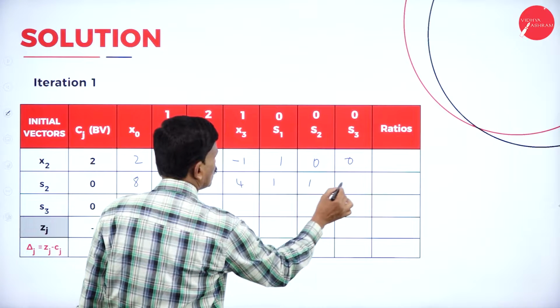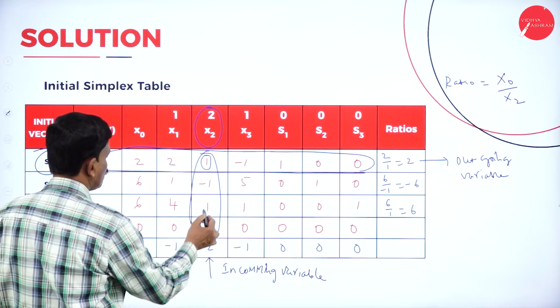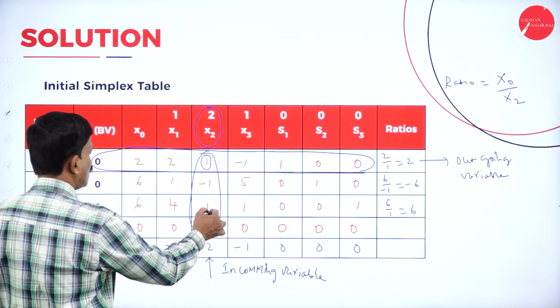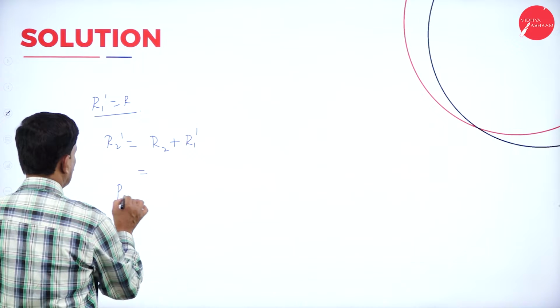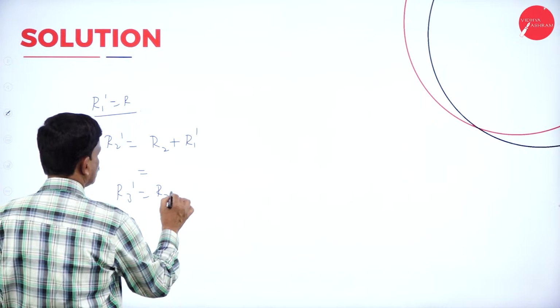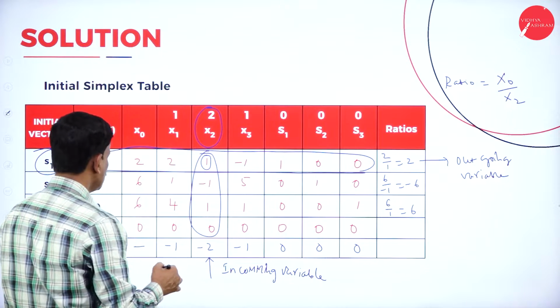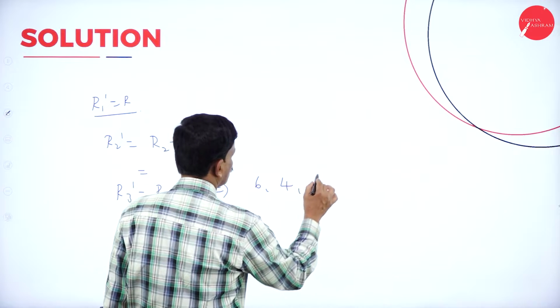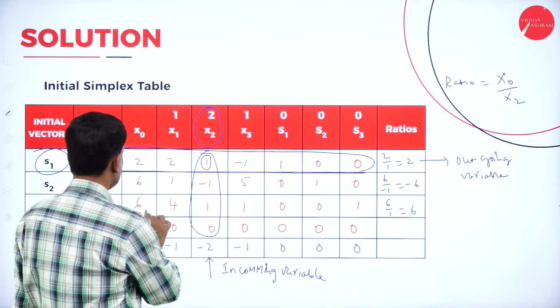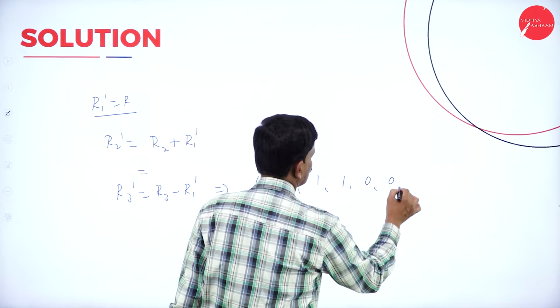Now convert again this element as 0. For this we can subtract. R3 dash is equal to R3 minus R1 dash. So what are the elements of R3? Here we have R3: 6, 4, 1, 1, 0, 0, 1.